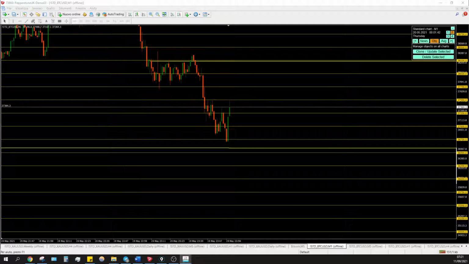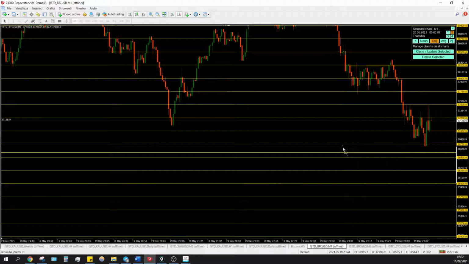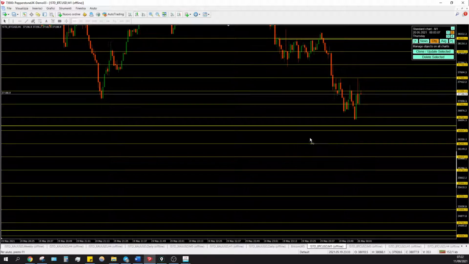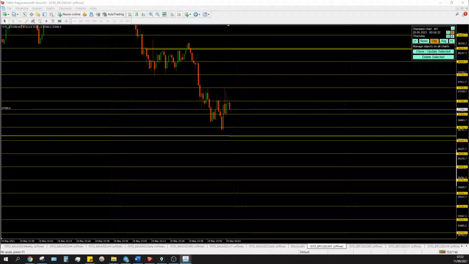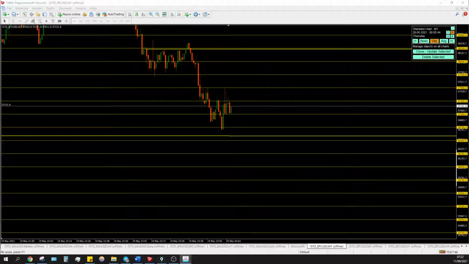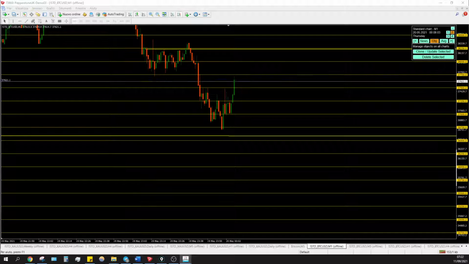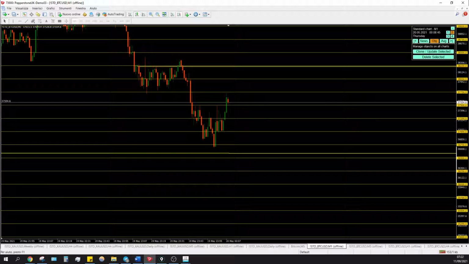Ooh, you see big rejection. Big reaction at these lows on the left hand side. Okay, we are sort of retesting this order block here.